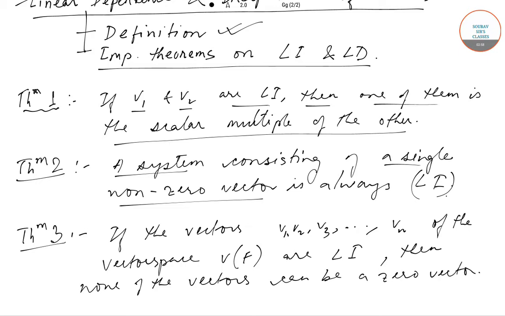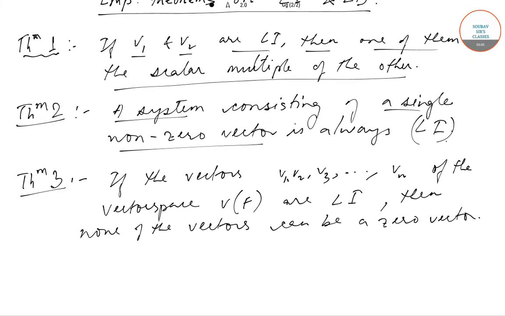So basically, if v1, v2, v3 up till vn of the vector space Vf are linearly independent, then none of the vectors can be a zero vector, that is vi is not equal to 0 where i goes from 1 to n. So this is the statement of theorem 3.